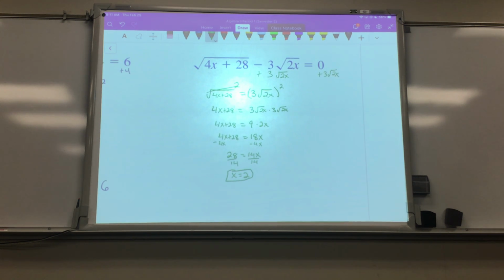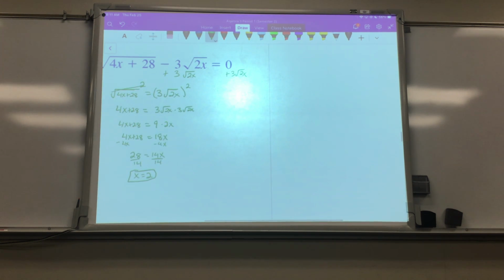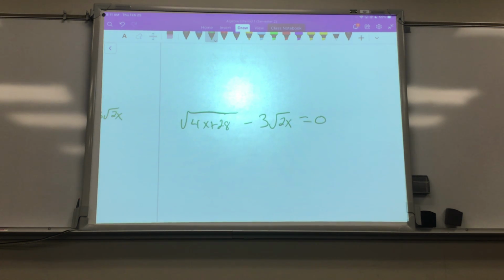Now, a common mistake people make, they like to just square both of those. Can I do that? No, you cannot do that. Okay? Whenever you do something to an equation, it has to be to that whole side.